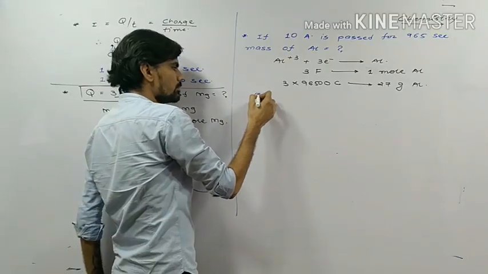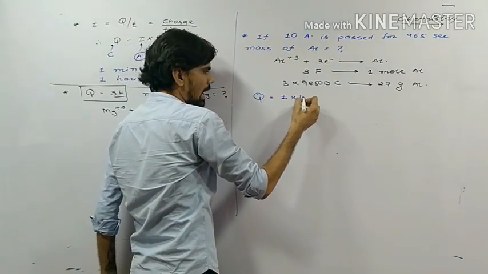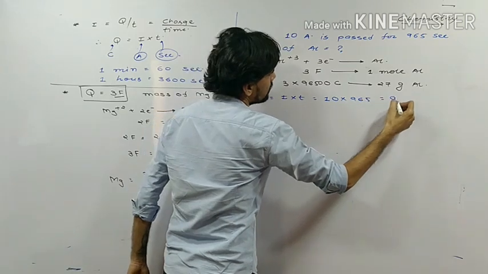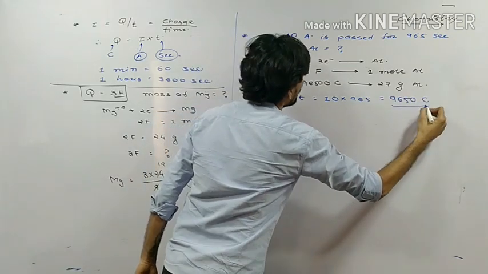Q is equal to what? I multiplied by T. 10 multiplied by 965, that is 9650 coulomb.